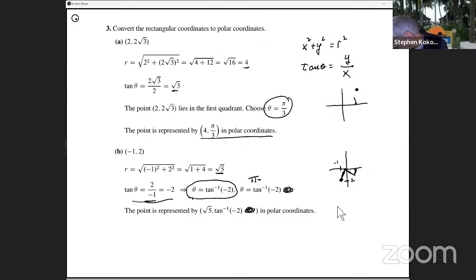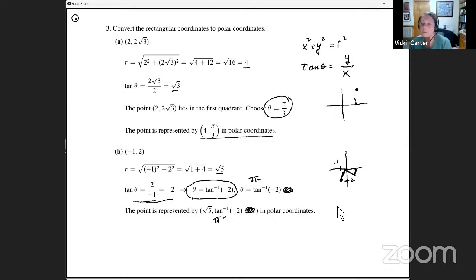So we'll fix that a little bit. I got to think about where that angle is located, make sure that I'm in the right quadrant, and think about what the tangent inverse really returns. And I think there's my point in polar coordinates.